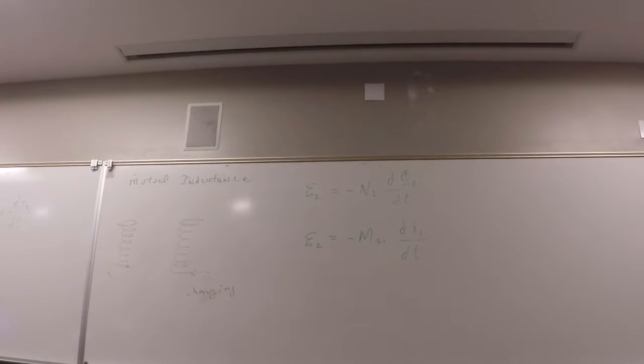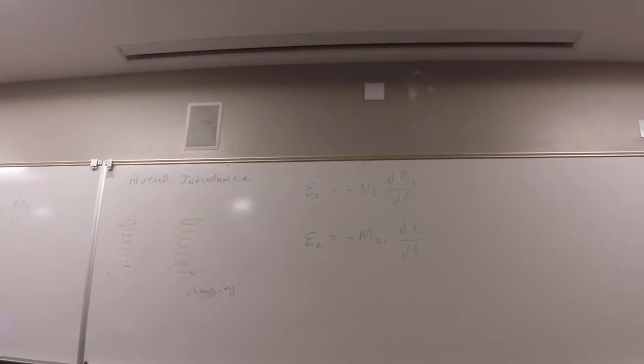So in other words, if I put a current in 1, in the first one, how much flux do I get in the second one? Or I can equally say that this is equal to the number of coils in 1 multiplied by the flux that I get in 1, divided by the current that I produced in 2. And both are the same.